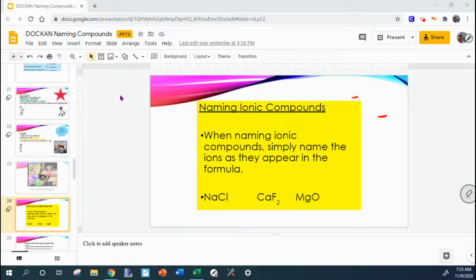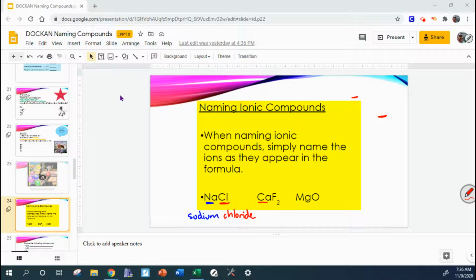When we name ionic compounds, we're simply going to name the ions as they appear in the formula. So I see a metal with a nonmetal, so I'm just going to name the 2 ions. This would be sodium, and I don't have to put the word ion there, and then chloride.